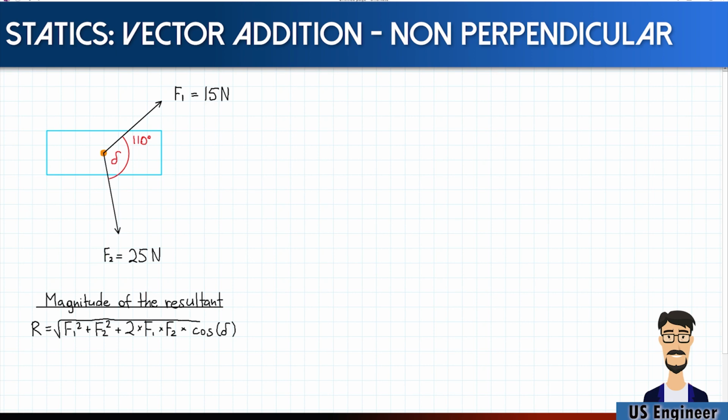That's why it's called the law of cosines, because you need to take the cosine of the angle delta. Now, I'm going to plug in the values that I have given.